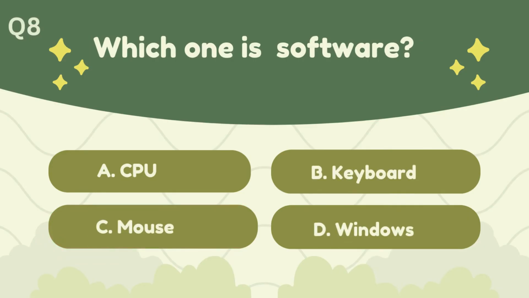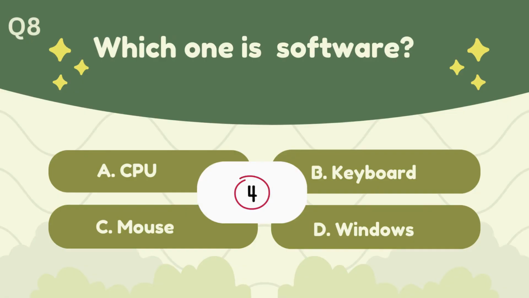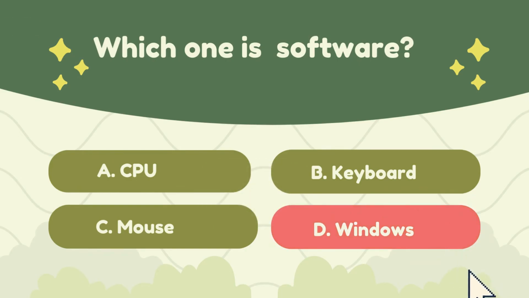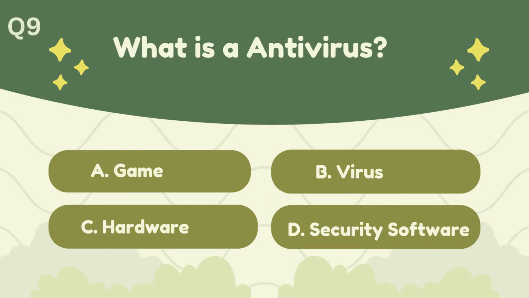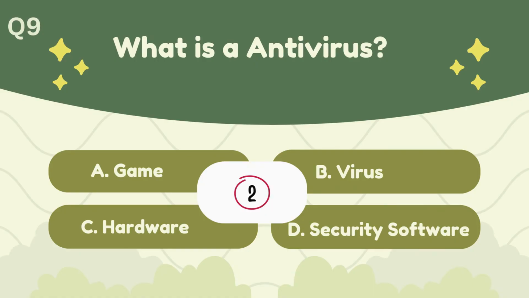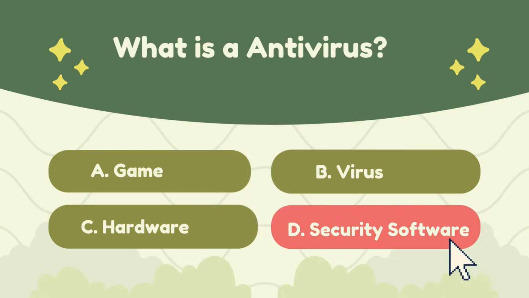Which one is software? Your time starts now. Great work! The answer is Windows. What is an antivirus? Your time starts now. Good work! The answer is security software.